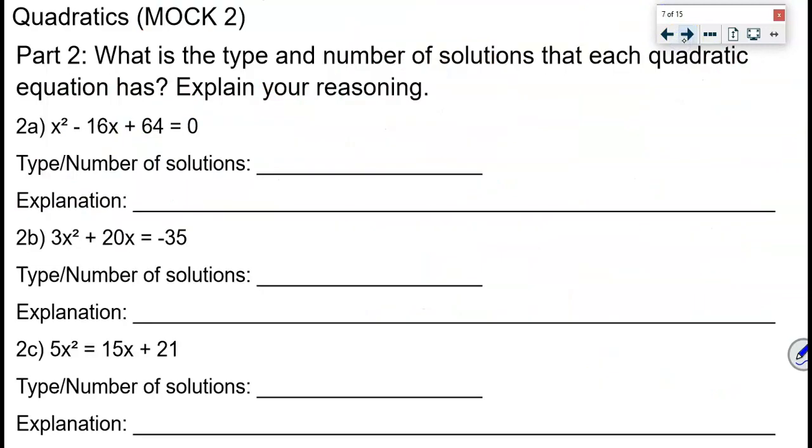All right, so the quadratic part 2, this one says, what is the type and number of solutions that each quadratic equation has? Explain your reasoning. So we're going to use the b squared minus 4ac, which is the discriminant, right? Okay, that's what we're going to use. And if the discriminant is positive, it's 2 real solutions. If it's 0, it's 1 real solution.